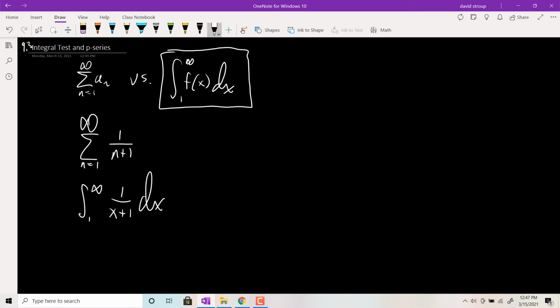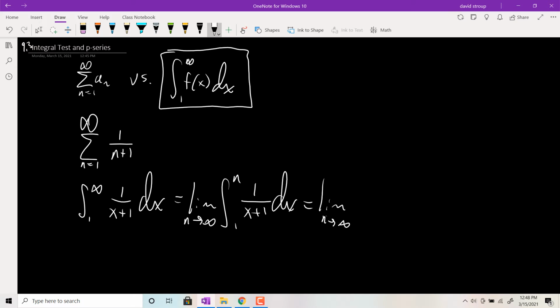You can't always do this. There are some initial considerations, but in this case we can. So let's, for kicks, just figure out what we got here. Limit as n goes to infinity of the integral from 1 to n of 1 over x plus 1 dx. You do u sub on that, and you'll end up with du is dx, and then you'll get the ln of u. Back sub, you end up with the ln of x plus 1 from 1 to n.